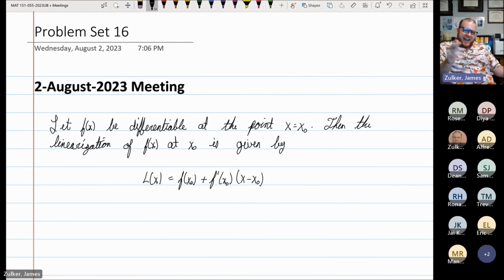Right? The idea behind this is for values really, really close to x naught, the function f can be approximated as its tangent line. What this does, this allows us to approximate some values.